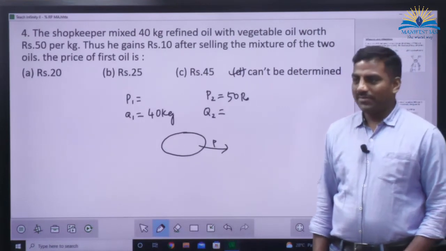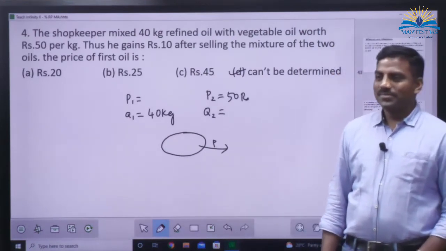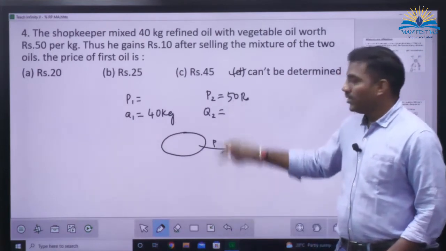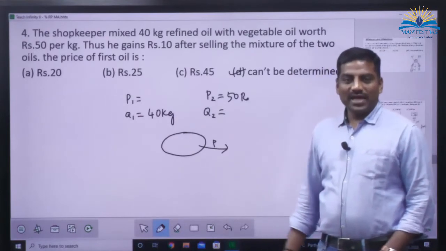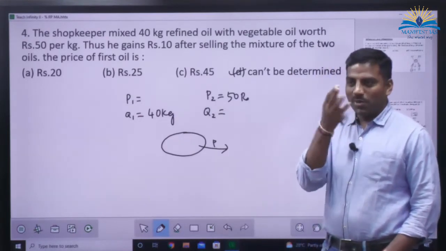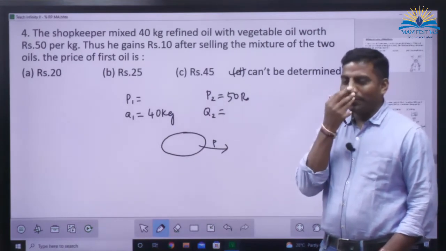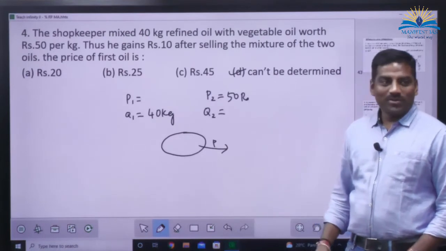Yeah, do practically. You go to buy some oil. You will say, I want 40 kg of oil. They will ask which oil. No, in the problem it is not given. Then you will go once more.